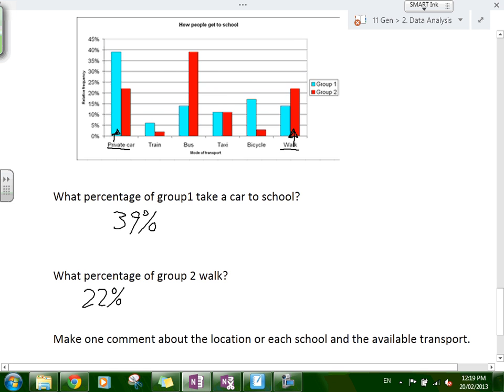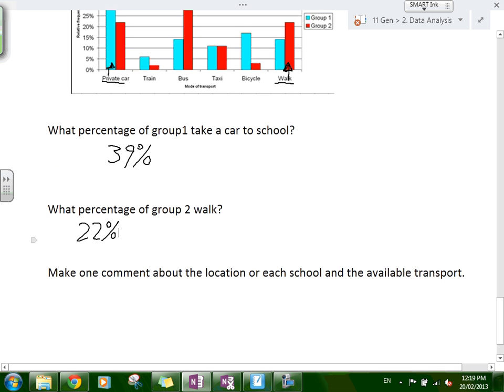And then these sort of questions, I was just looking at a past paper recently, of a general paper, and they love these sort of questions about, you have this set of data, and you say, well, make a conclusion about what this data says. Alright, so make one comment about the location of each school and the available transport. Brandon, what do you think?